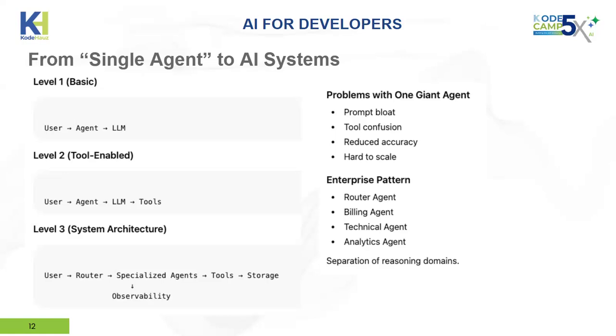And maybe if there are to be any tool calls, most of the time, the router agent will not have any tools because it's not supposed to call tools. It's supposed to basically just choose the right agent, unless it really needs to get more information in order to choose the right agent. So the principle here is the reasoning domain, because the reasoning domain is what determines the prompts, the improvement of the prompts, and the tools that you give.